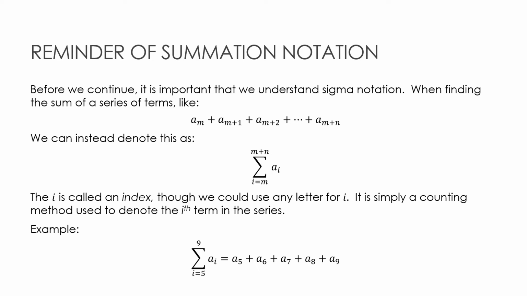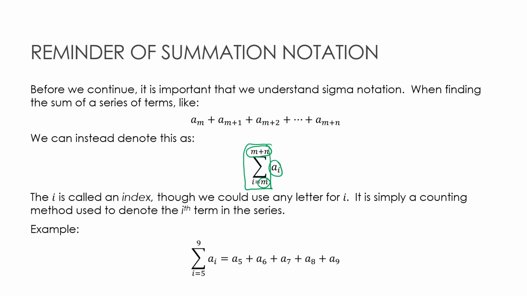So before we continue, let's just review sigma notation very quickly. When finding the sum of a series, like a sub m plus a sub m plus 1, etc., all the way to however many values we have, we can instead use sigma notation, which is the summation notation that says take the summation of all values starting at m through m plus n, where I is being replaced by m through m plus n, essentially.